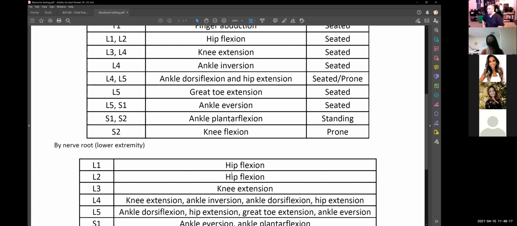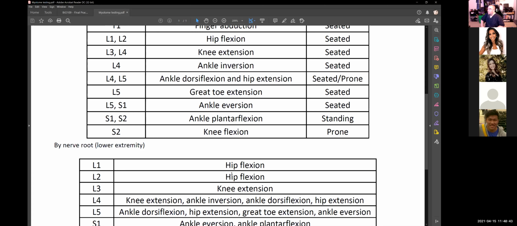Yeah, right, because L3, again, remember, what you're testing here is patients that have spinal cord injuries, right? So we need to break each level down as we go down. The thing is, L3's primary job is knee extension, right? And when you think about it, what muscles do knee extension? Your quads, right?